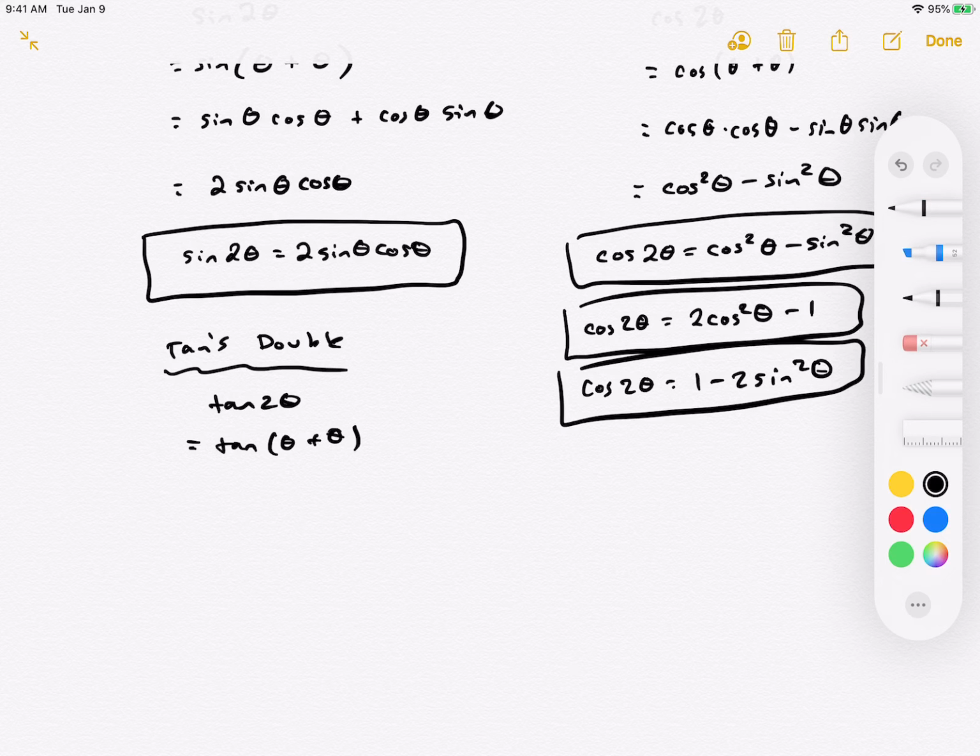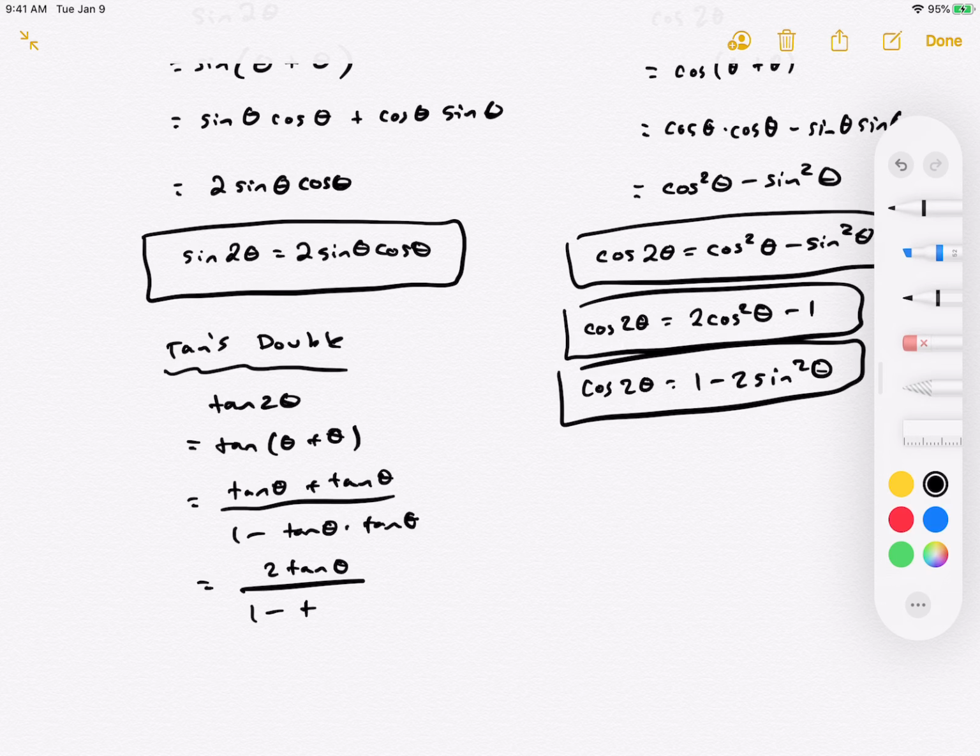So here, that would give me the fraction tan theta plus tan theta over 1 minus tan theta times tan theta, which of course is 2 tan theta over 1 minus tan squared theta. And that is tan's double angle identity.